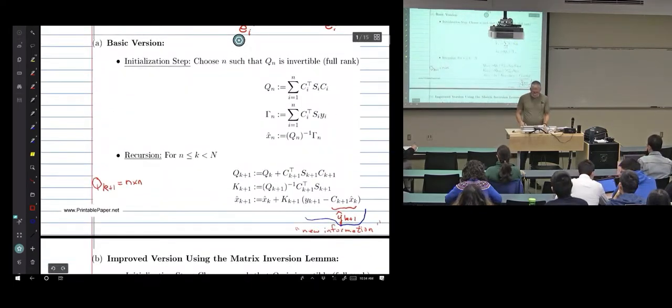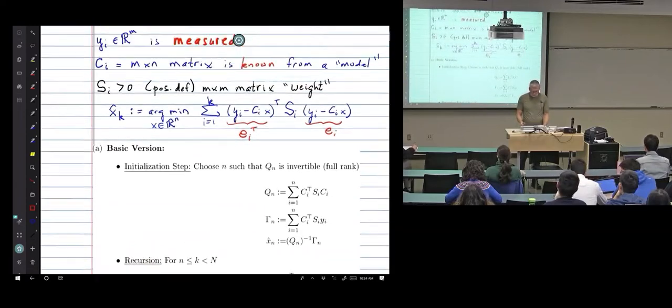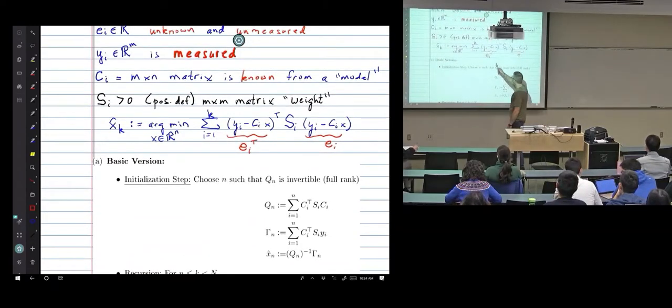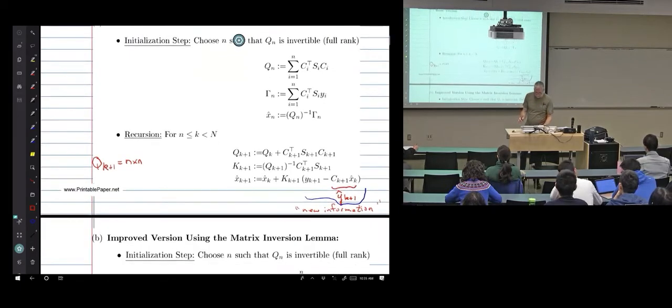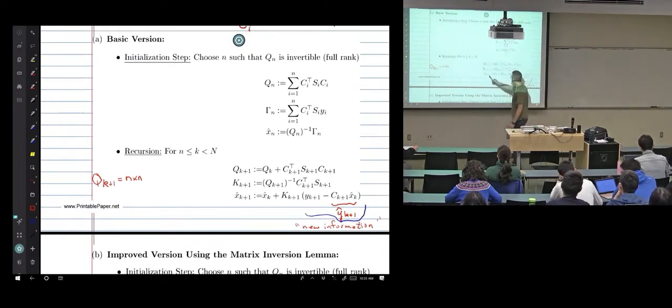One of the things you're going to explore in homework then is just the basic speed of this batch operation, this standard form of recursive least squares, where you are inverting a matrix that is the size of the state. In your homework example, n is 100.